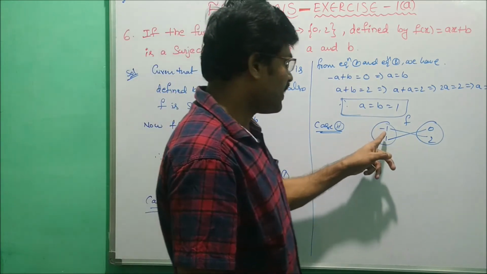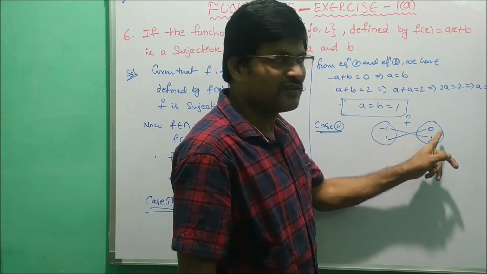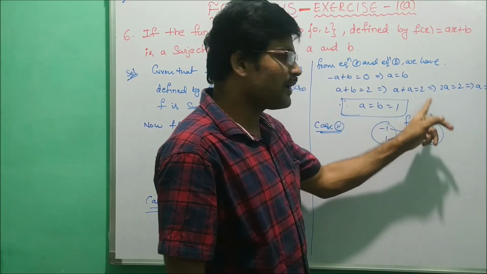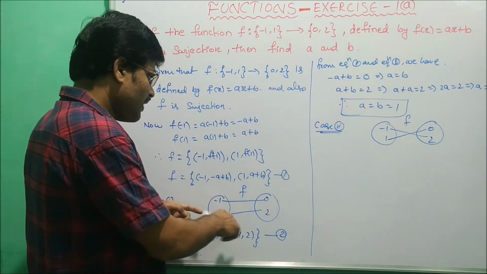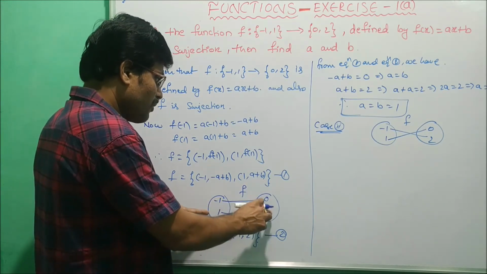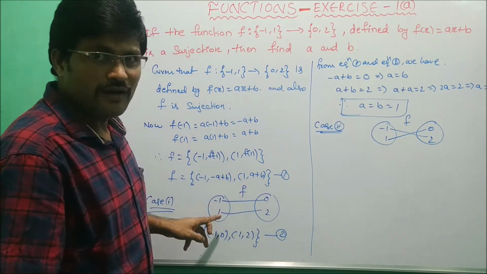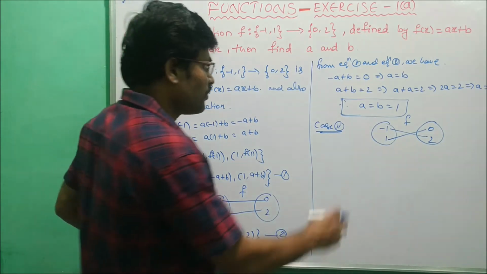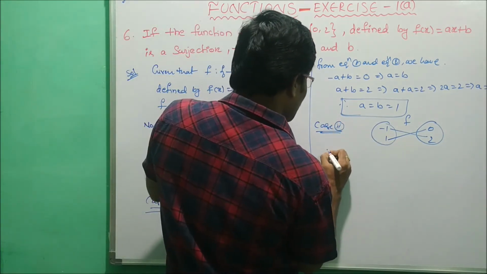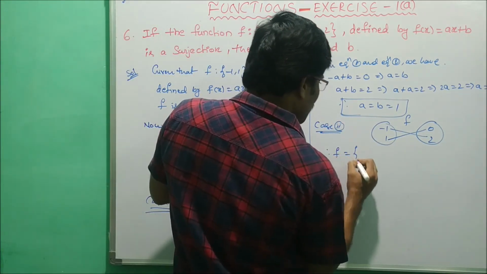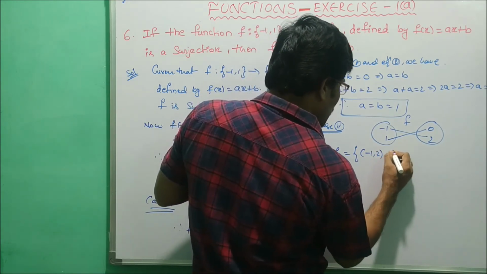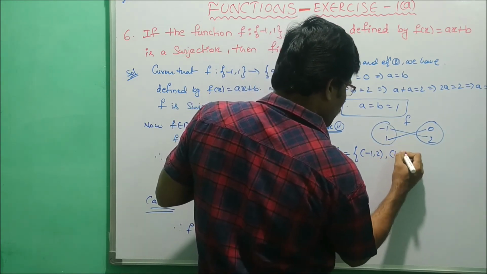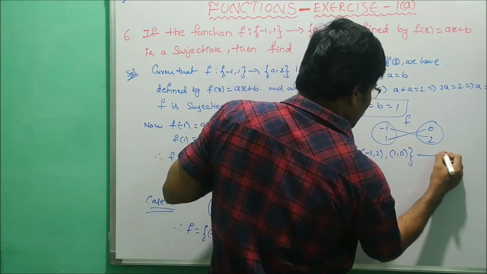In this one minus 1 is mapped with 2 and 1 is mapped with 0, because every element in the codomain set has at least one pre-image in the domain set. So the function f equals to the set of ordered pairs (minus 1, 2) and (1, 0). Now which is equation 3.